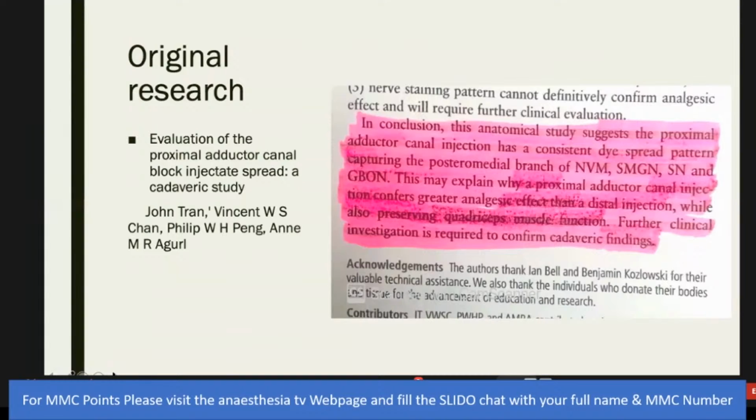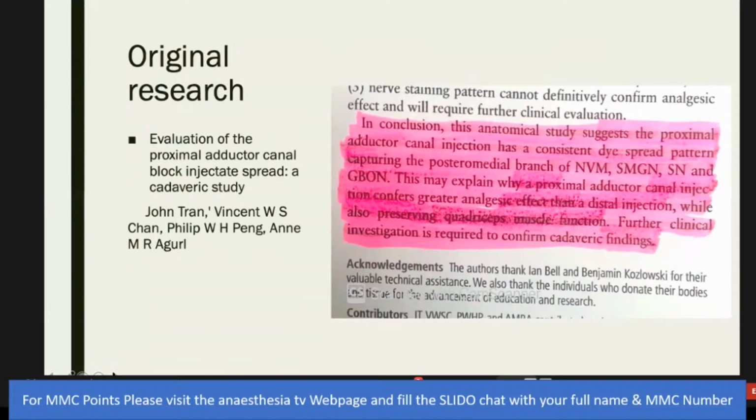They concluded that proximal adductor canal injection has a consistent spread pattern capturing the posterior medial branch of nerve to vastus medialis, superior medial genicular nerve, saphenous nerve, and genicular branch of obturator nerve.